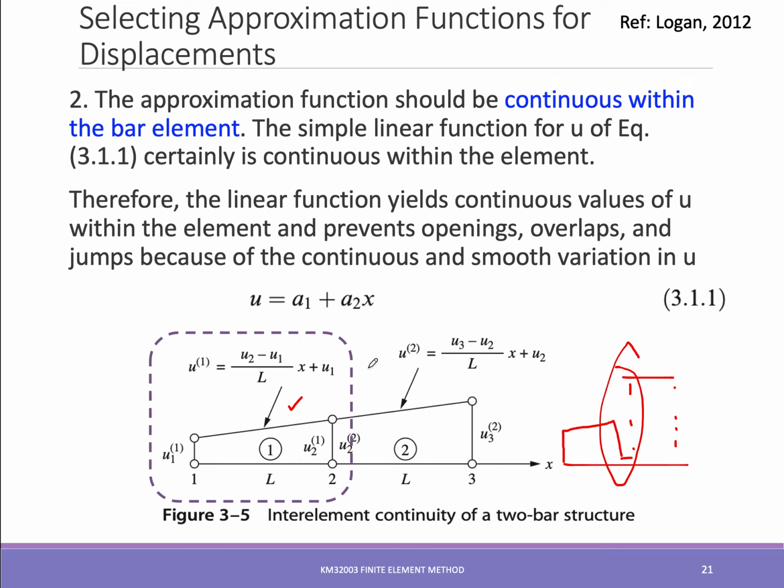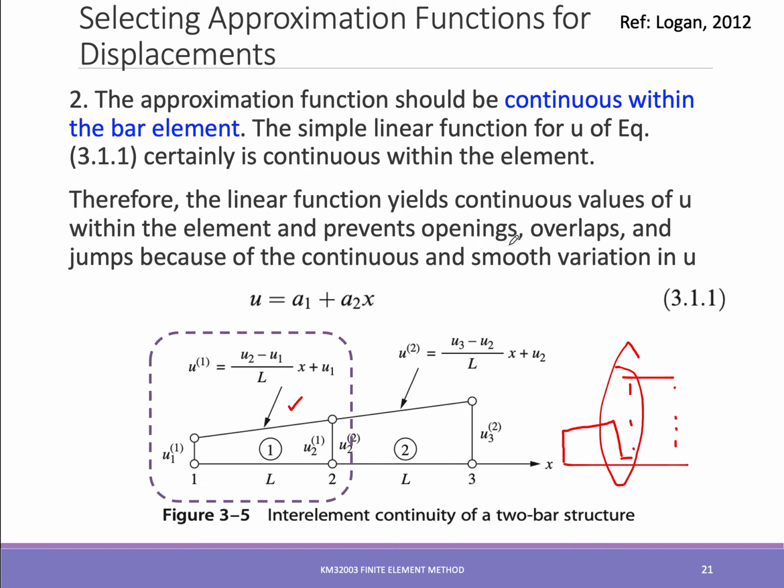Therefore, generally, if we select a polynomial function, we will generate a continuous line connecting them together, right? That is why we want to use the so-called polynomials to describe the displacement functions.